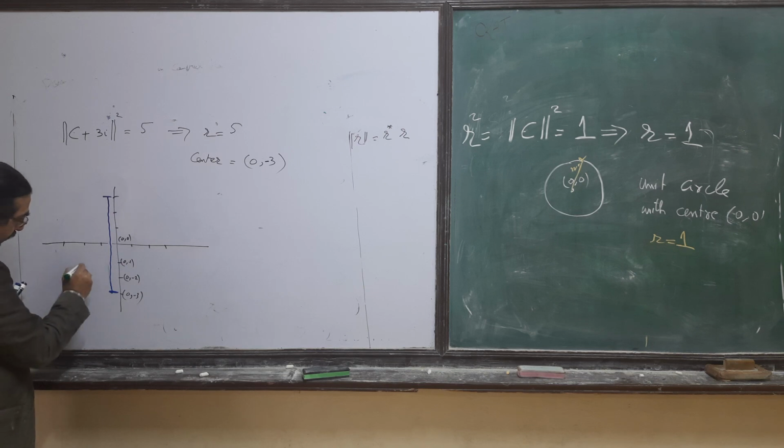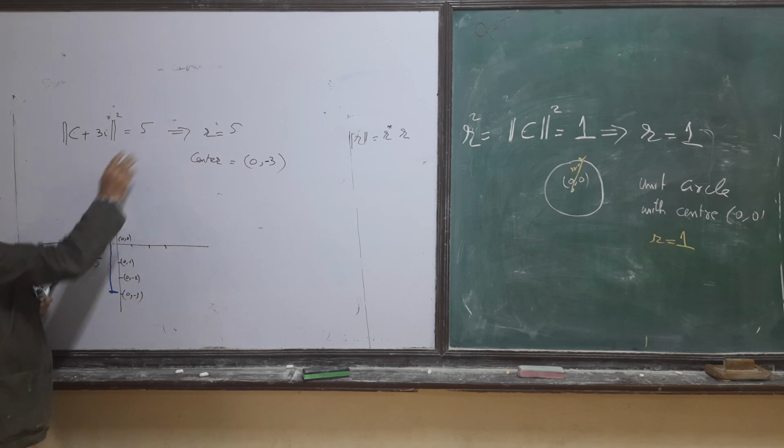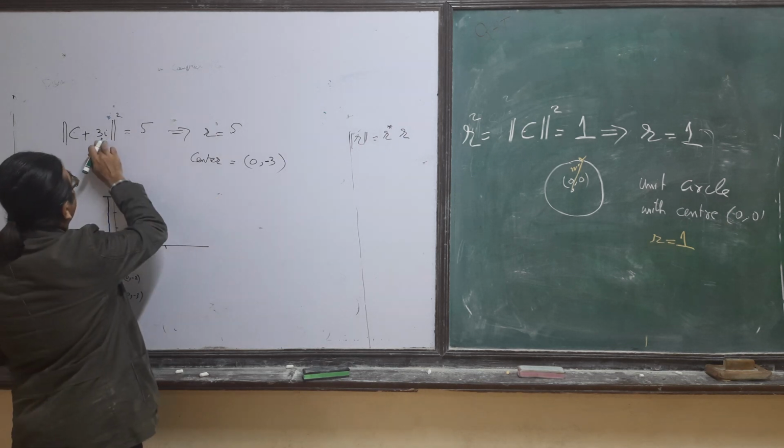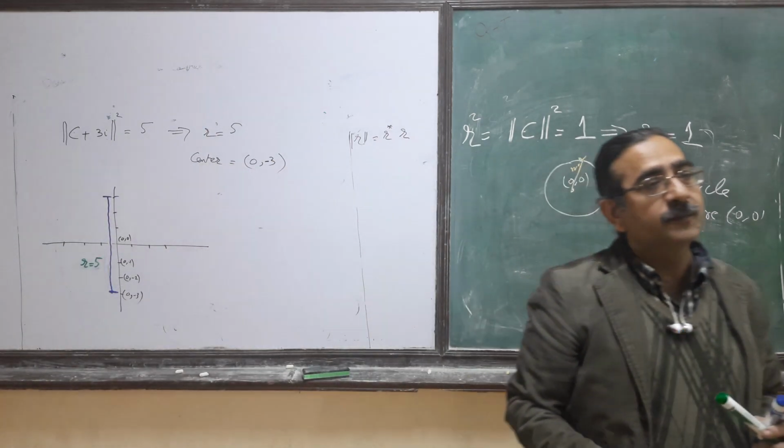One minute. This radius will be 5. This will go there. And here it is plus. When they go to the other side, that becomes a minus.